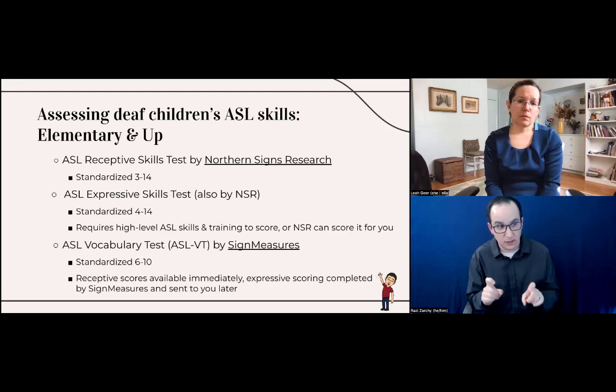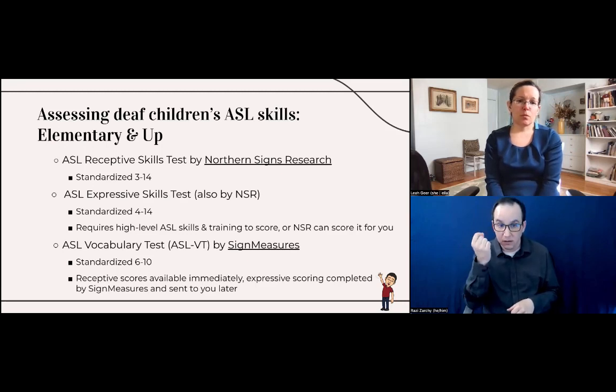Next one here is the ASL Receptive Expressive Skills Test. That's also in Canada, standardized for 4 to 14-year-olds.